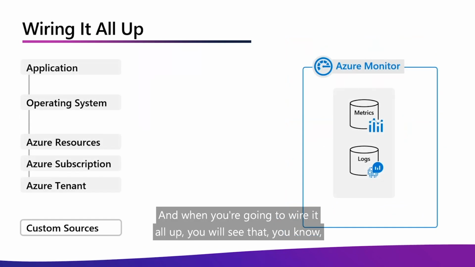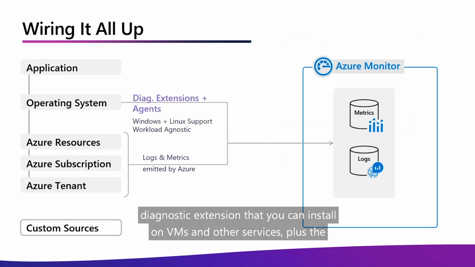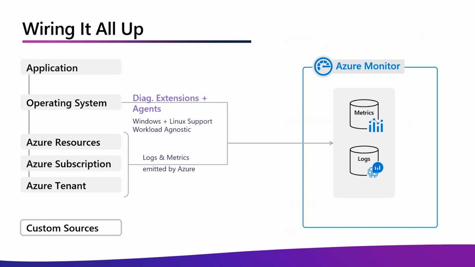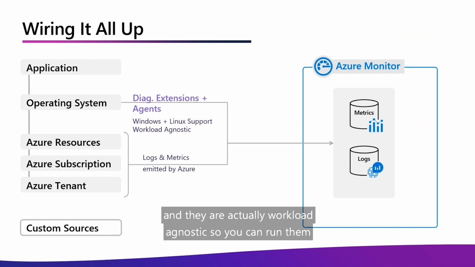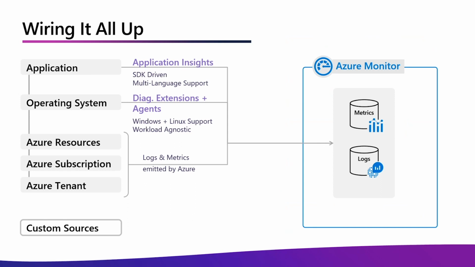And when you wire it all up, you will see that you put together all the logs and metrics that are emitted by Azure directly, plus the diagnostic extension that you can install on VMs and other services, plus the agents, again, for both Windows and Linux, which are actually workload agnostic, so you can run them no matter what you're running in Azure.